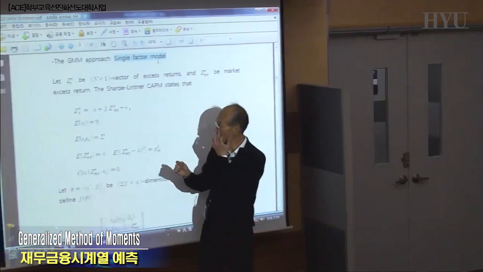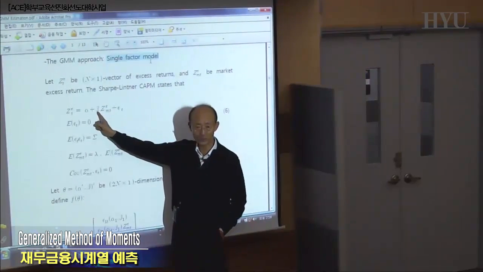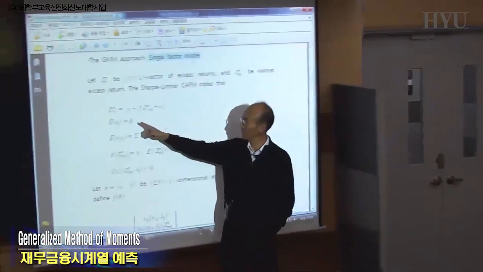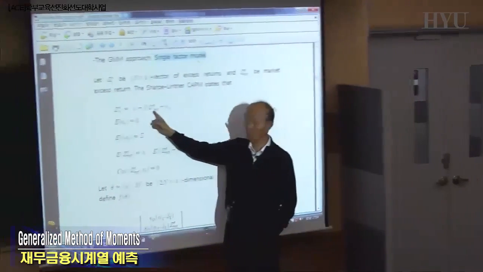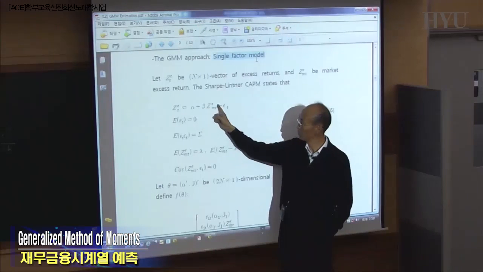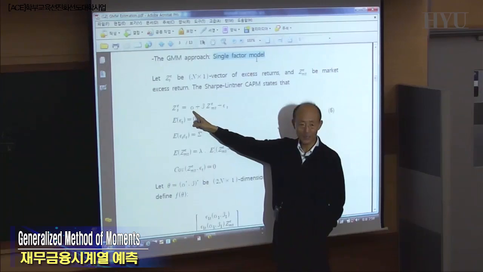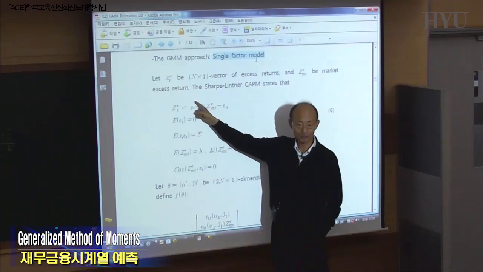But in our case, we are interested in these two parameters because CAPM states that excess return is linear, or proportional, to the market risk premium. The proportional vector beta is there, and this alpha is 0.